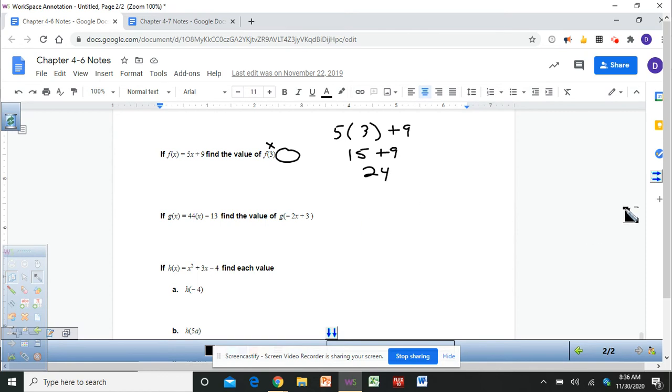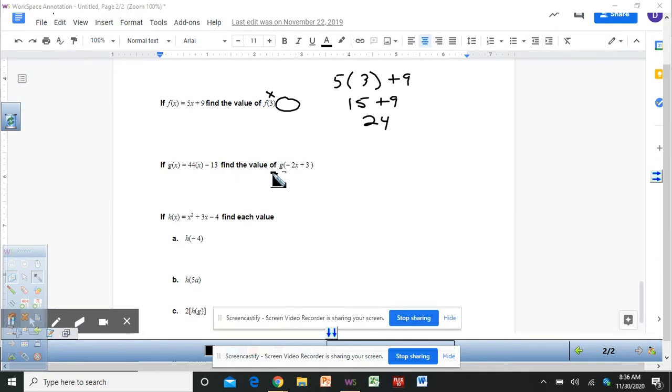Now on one like this, things get a little different because we're still going to take whatever's in the parentheses and replace x with it. This whole thing is going to be replaced with x. So we go 44 times -2x plus 3 minus 13. Notice how I kept this whole thing together. This whole thing is x because it's everything in the parentheses.